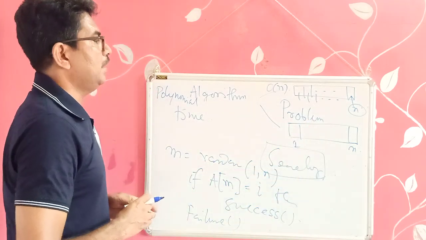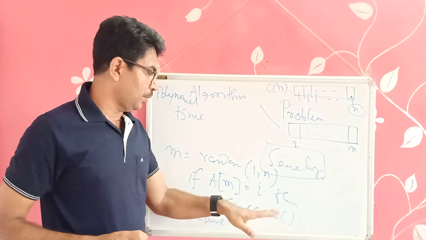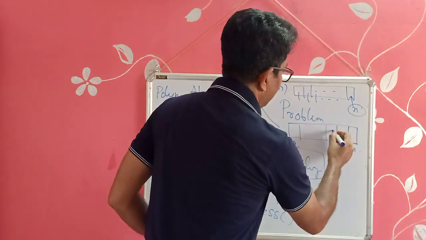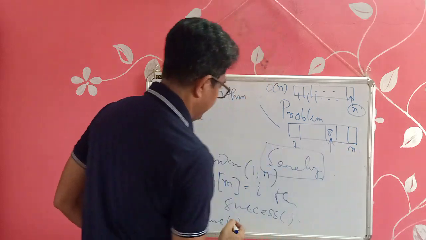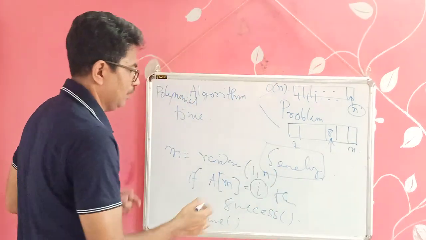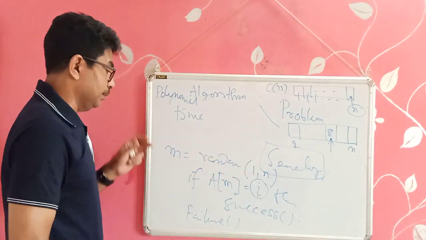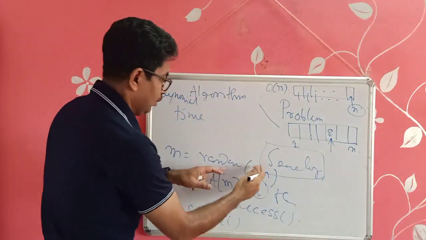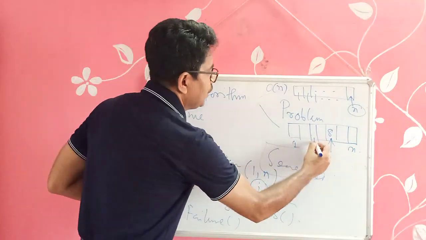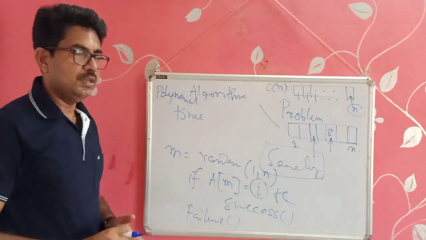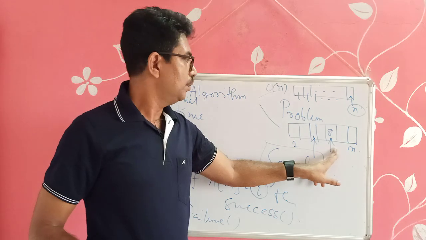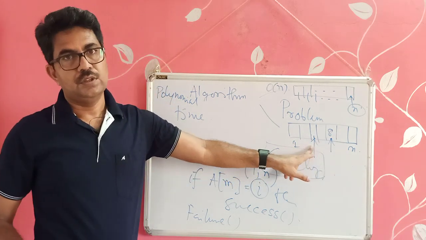But this is one kind of solution, and the problem is that though an element is present, say 8 is present here, and we are searching whether 8 is present or not by following this type of algorithm, the random selection of m may land on a different index. So though 8 is present in the list, we will not get success.